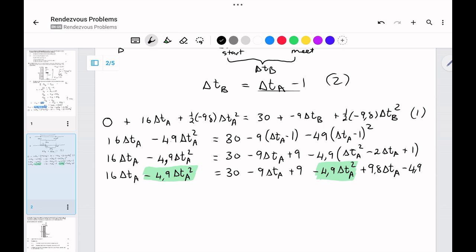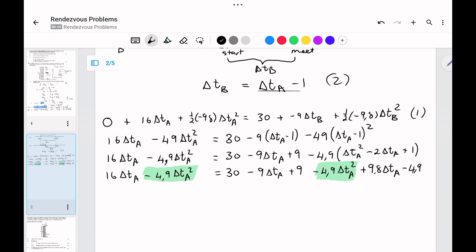Besides that, you can see that the term of next highest order will be just all the terms in delta TA, and the order is 1. So this is going to be just a linear equation, or a polynomial equation of degree 1.